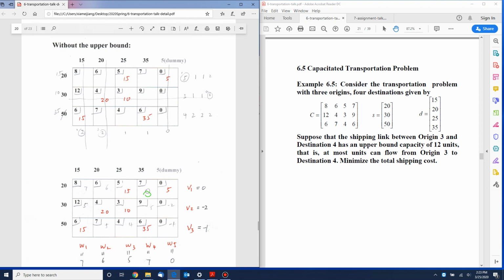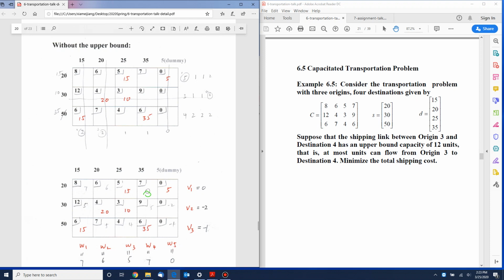What you can see is that from orange 3 to market 4, in the usual schedule, we need to put 35 units there. So we shift from orange 3 to market 4. Now, what if we have an upper bound capacity of 12 units from orange 3 to destination 4?